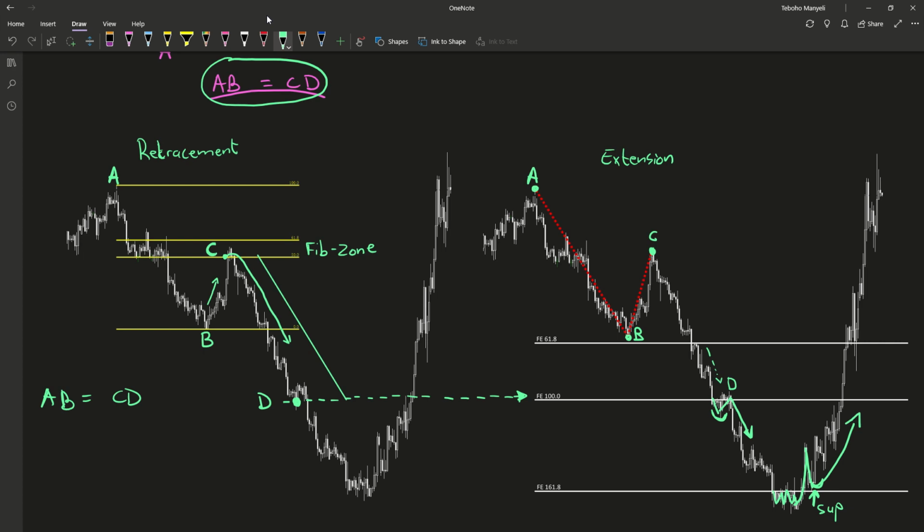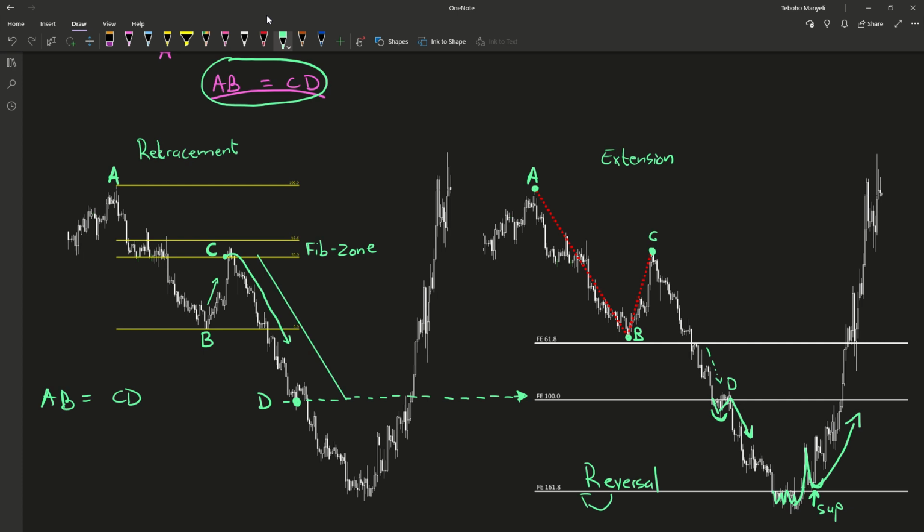So here we officially identified a reversal at the 161 level. So you can literally see the two tools coming together, and they're literally trying to do the same job. One is trying to show you how to continue with the market trend, and the other is trying to show you where to reverse the market from.